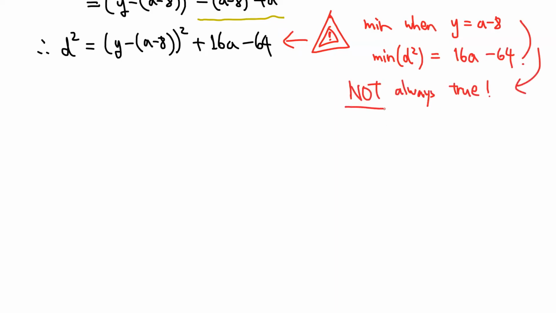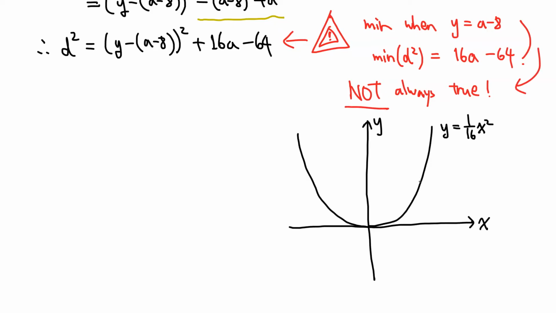But that is not always true, because you see this point (x, y) is on the parabola y equals 1/16 x squared. So the possible range for y is equal to or greater than 0.